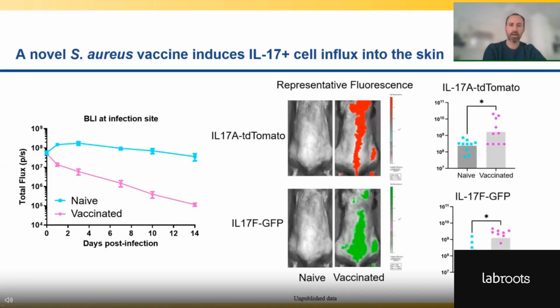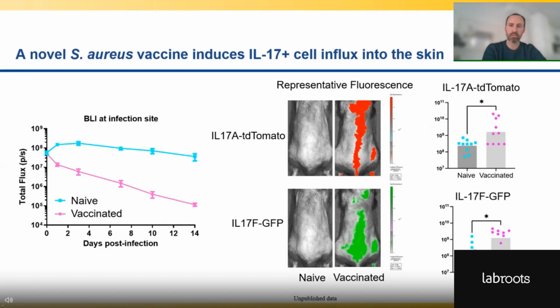To do this, we used the IL-17A/F reporter mouse and found that in vaccinated animals, there was a significant increase in the IL-17A expression in the skin upon vaccination and prior to infection compared to naive animals that were unvaccinated or uninfected. This was rather exciting and suggests that the vaccine promotes IL-17 producing T cell influx into the skin.